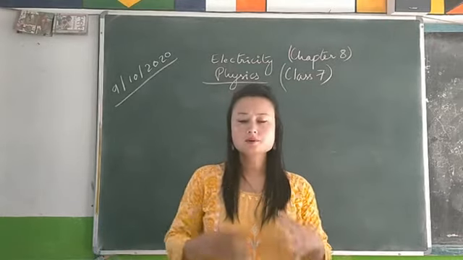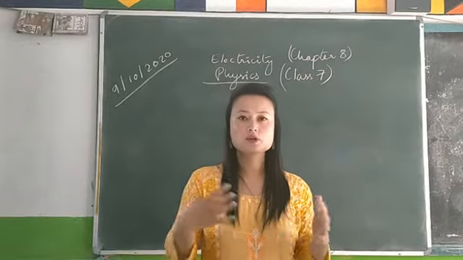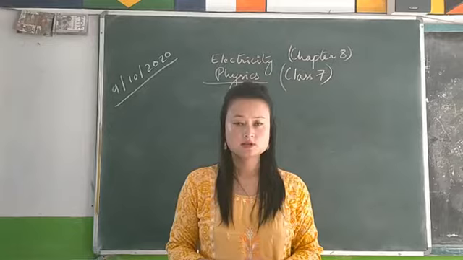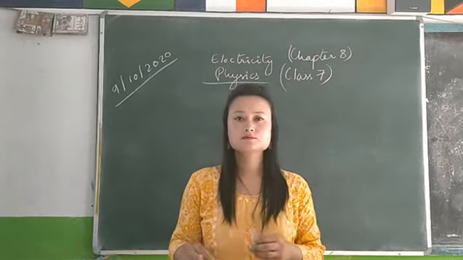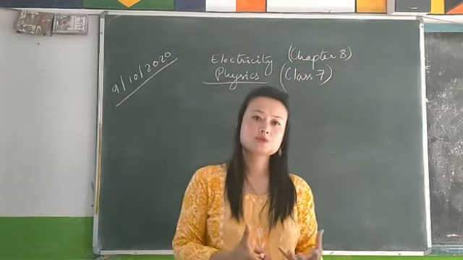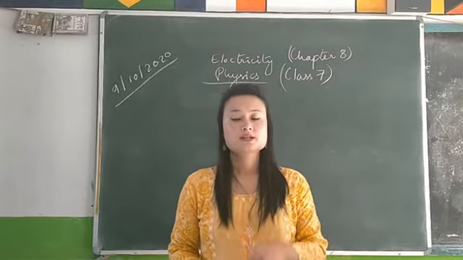And before we come to how electricity is produced, let us discuss the important aspects. All the elements are made up of molecules. Molecules are the smallest part of an element, which you have learned in chemistry.